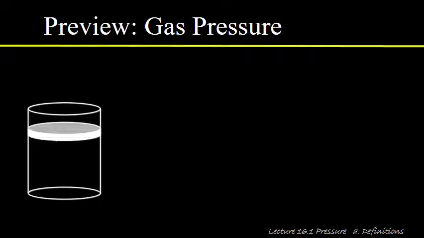Alright, so let's look at where we're going with this. We've talked a lot in this video about calculating pressure, but we haven't really talked about gas laws yet. So where we're going with this is eventually we might think about a container. Let's say we've got a cylinder with a movable piston on it, and inside this container is a gas. Those little dots are gas molecules.